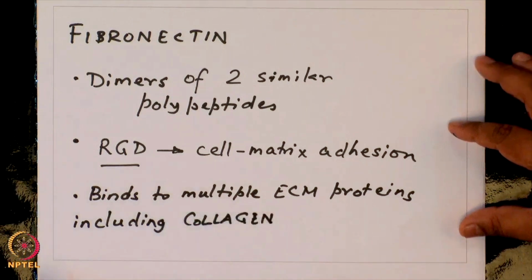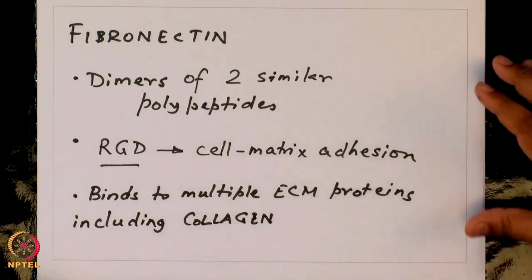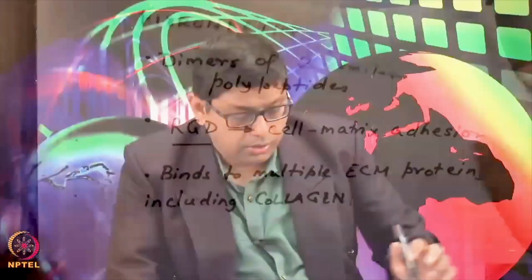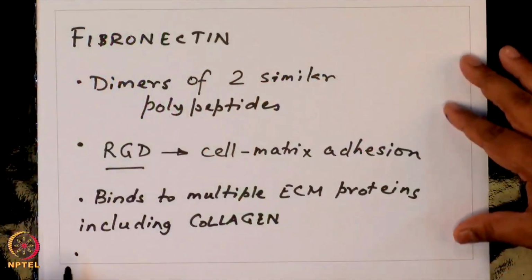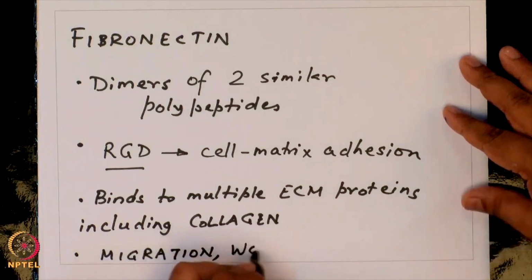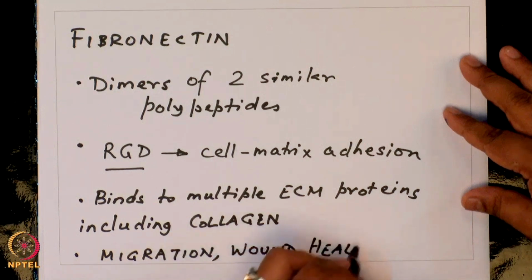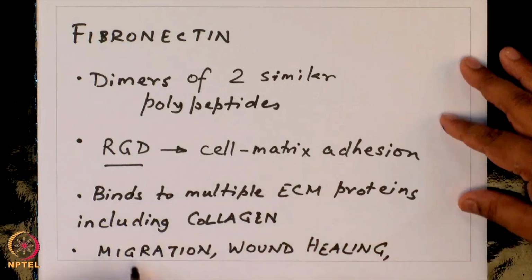It also binds to other fibronectin molecules and proteoglycans. So, it is of key relevance to multiple cellular processes, including migration, wound healing, and differentiation.